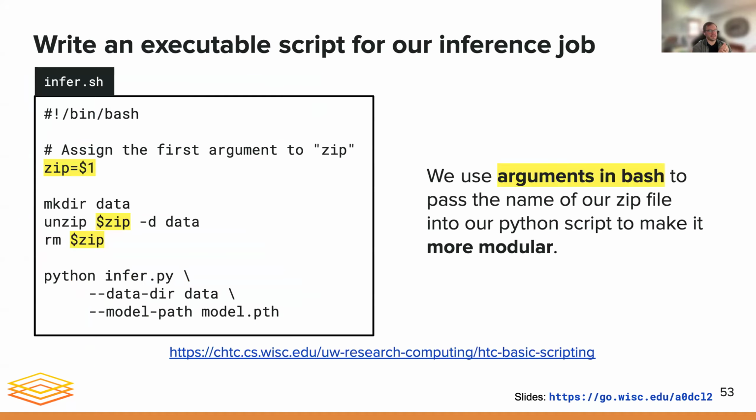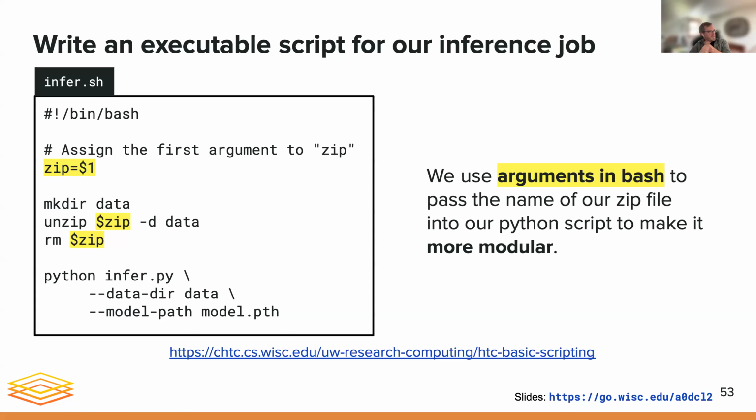So now we're going to update our wrapper script to handle a variable input name. That's what this $1 is: a syntax for a bash script, reading the first argument that's passed to the script.